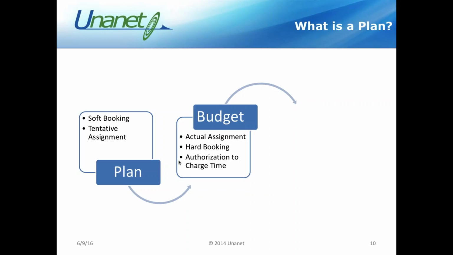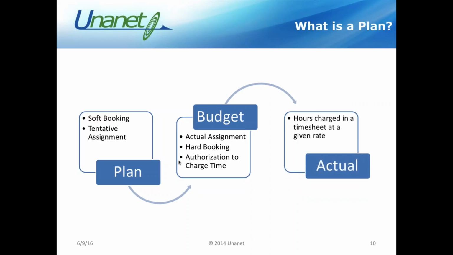The budget's those hours that are associated with that resource assignment. It's the actual assignment, it's a hard booking. The key difference is that the budget or resource assignment is the authorization for that person to charge time in their timesheet or to create an expense report against that project. So the plan is the soft booking, and then the budget or resource assignment, that's the hard booking authorization of time.